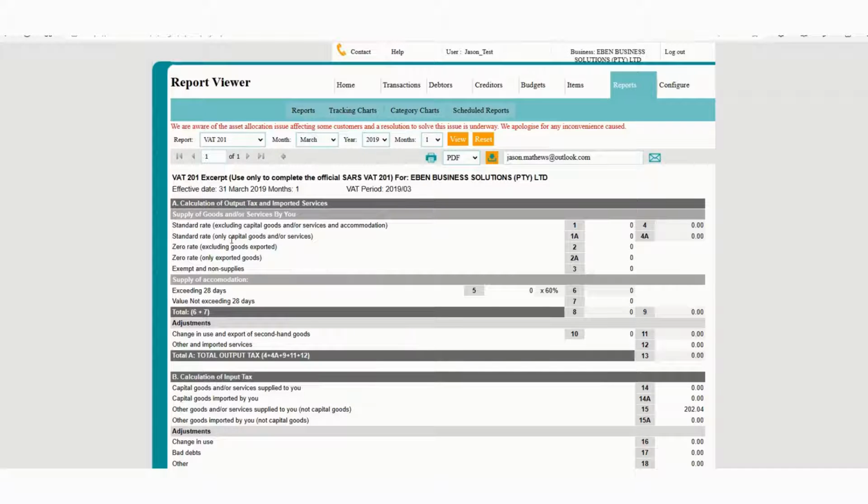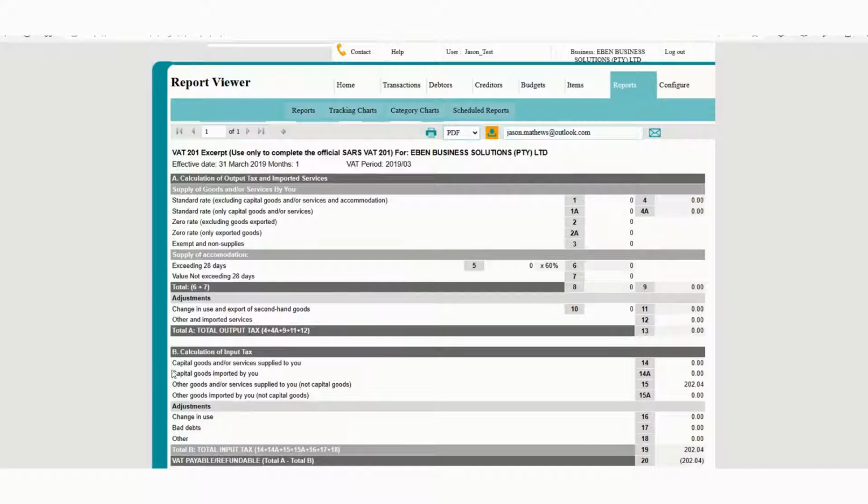So in March, you can see here there was no service or goods that was sold. However, you can see in the input tax that non-capital goods, so I purchased certain things, services, internet, and the VAT that was acknowledged was 202 Rand and 4 cents. And that in essence is what SARS owes me, but I carry that over.